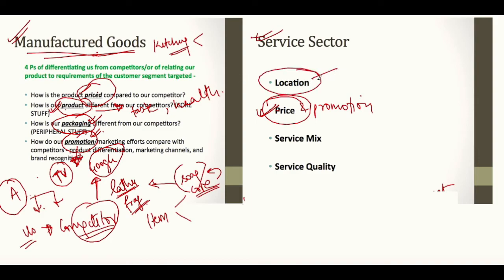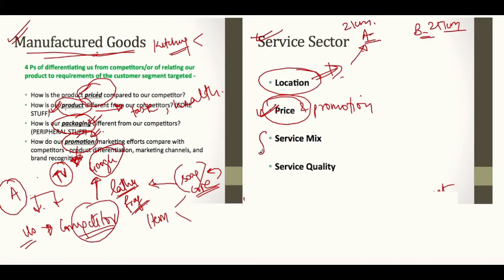In the service sector, the location also matters. If you have to get your car fixed, there are two mechanics, A and B. One is 2 kilometers away from your house, the other is 25. Even if B is marginally better, you might still want to go for A. So in services, location matters quite a bit.